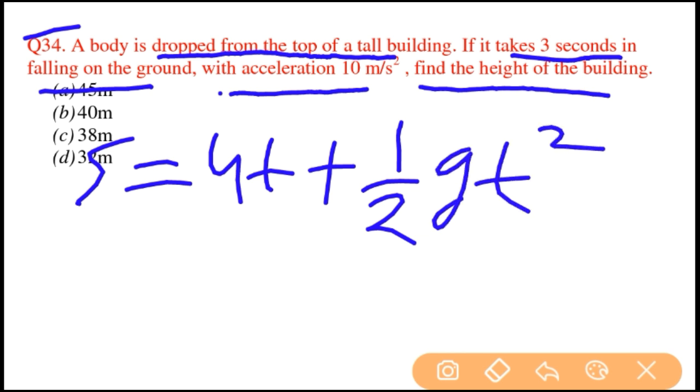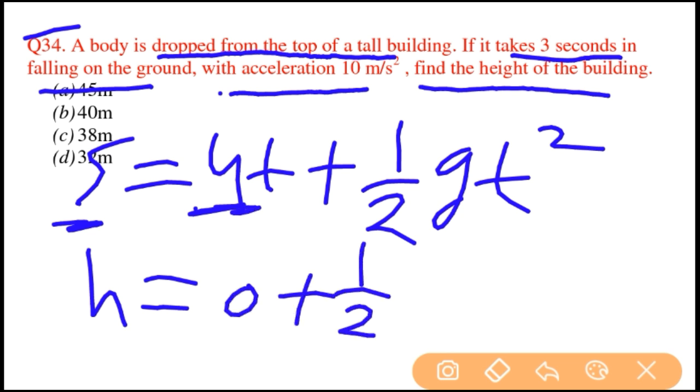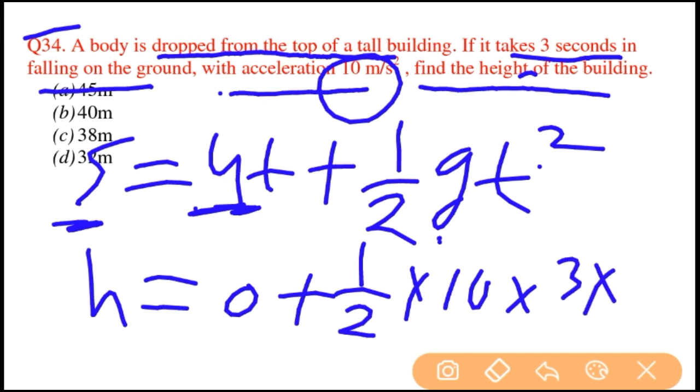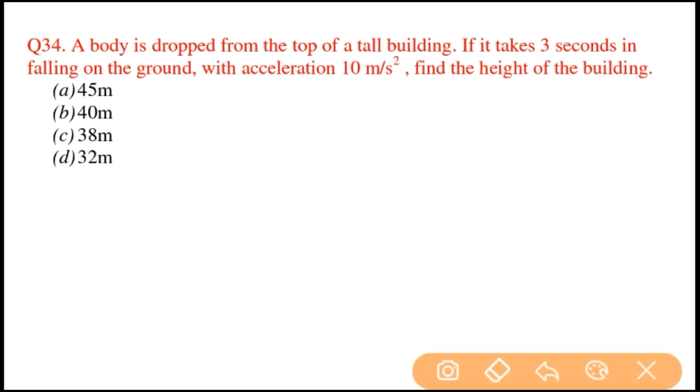So s, or distance or height, equals ut, where the initial velocity is 0, plus half into g, which is 10, into the time 3 seconds, so 3 into 3. You can calculate it, 5 into 3 is 15, into 3 is 45. So option A will be the correct answer.